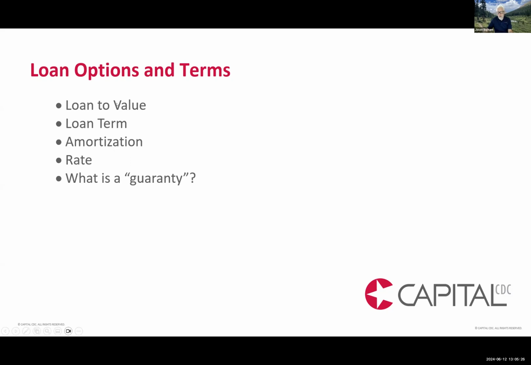I kind of skipped over loan to value here. If you've got an asset that's $100,000 and you're putting 20,000 down and borrowing 80, that's 80% loan to value. Pretty simple, right? Well, the only place you can get 90% loan to value on most small business real estate is through our program, the 504. Most of the time businesses, and lenders, are going to want at least 15, if not 20% down for new ventures.